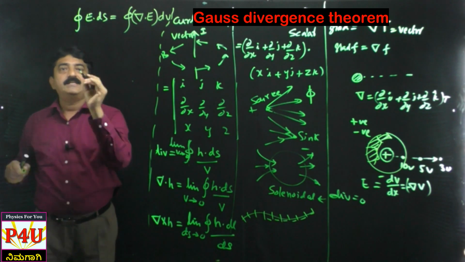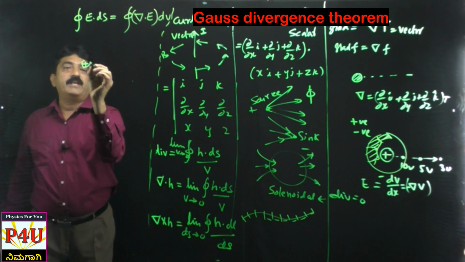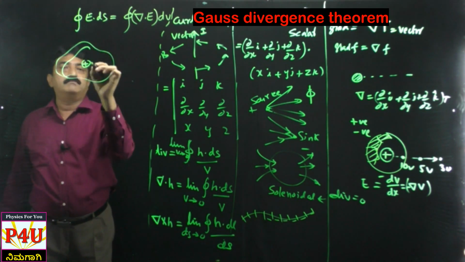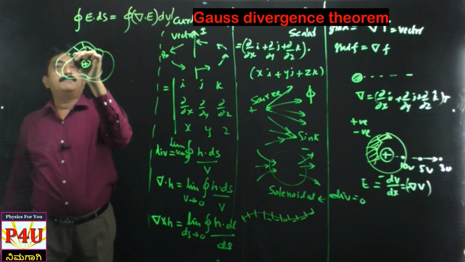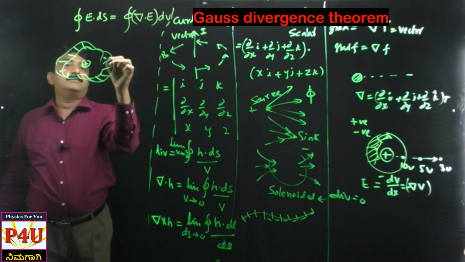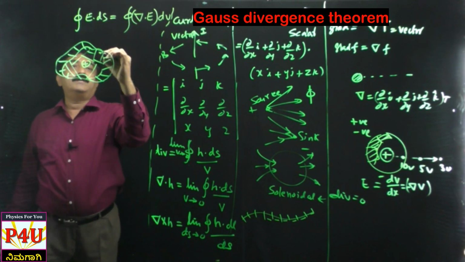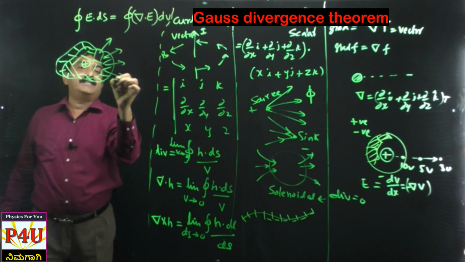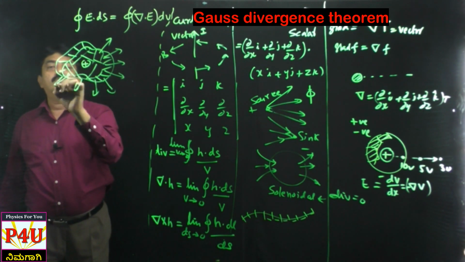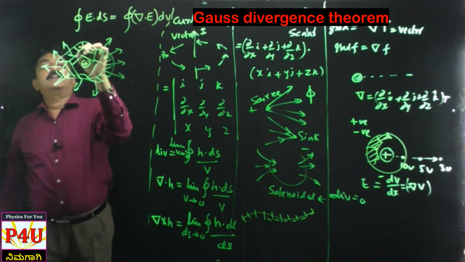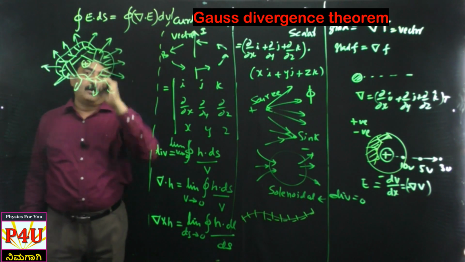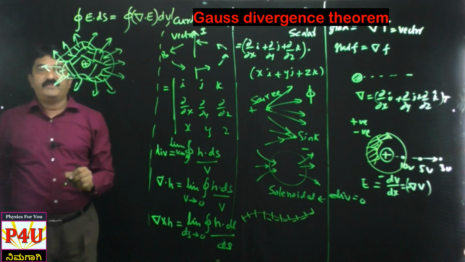Okay, it goes like this. Let me consider a charged body inside. It is surrounded by some imaginary boundary. This boundary I divide into different parts. This is a three-dimensional boundary. So electric lines or flux is coming out. Lines of force are like this. I assume that the electric field is constant over each small segment.